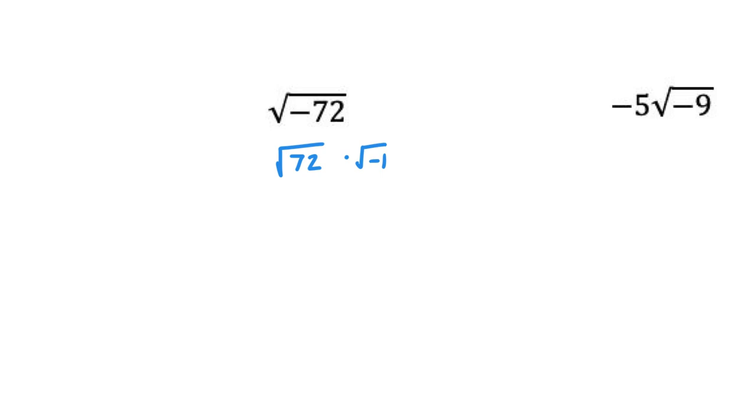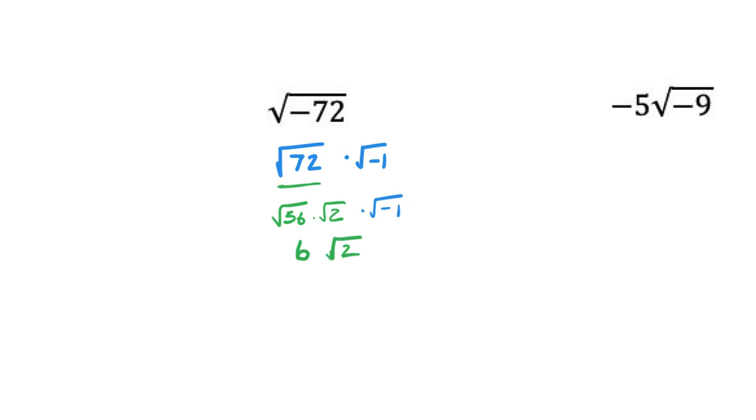I'm going to simplify this the same way that I had done previously when we simplify a radical. I'm going to look for the biggest perfect square that goes into 72, which is 36. 36 times 2 is 72. And then I'm just going to keep that square root of -1 for now, set that to the side. The square root of 36 is something I can do. That's 6. And the square root of 2 is something I can't do.